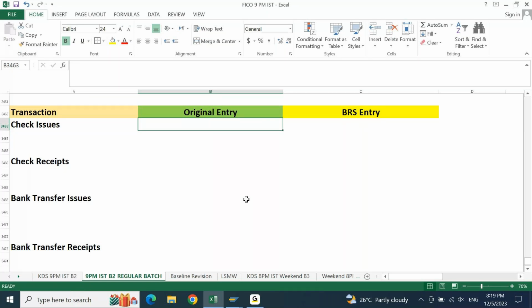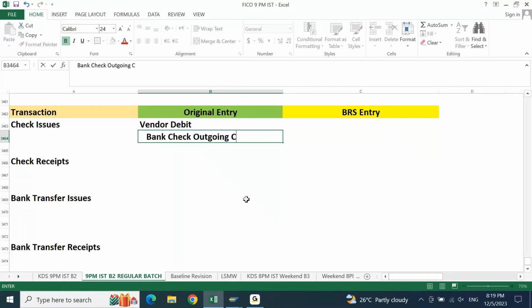When you process any vendor payment, you are going to debit vendor account. So I will write vendor debit, and I am going to put bank check outgoing credit.